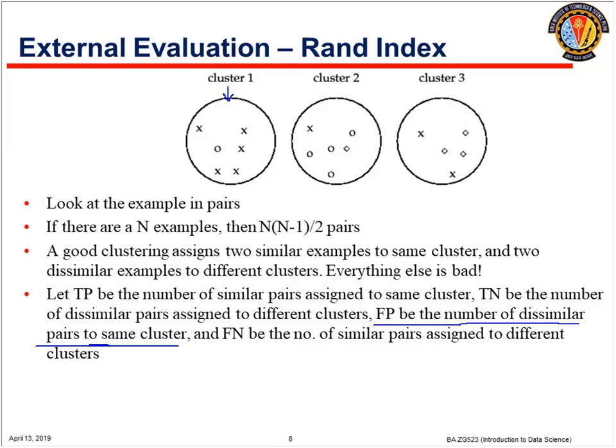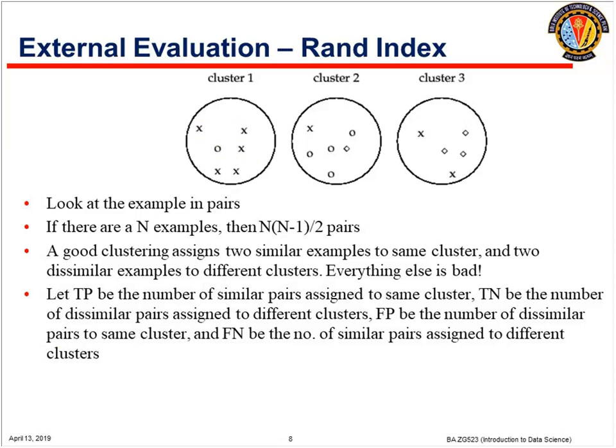Zero, no, not correct. 1 is also not correct. Let's see this pair. This is a similar pair, right? There is one more pair that is similar. So many pairs are there which are dissimilar.